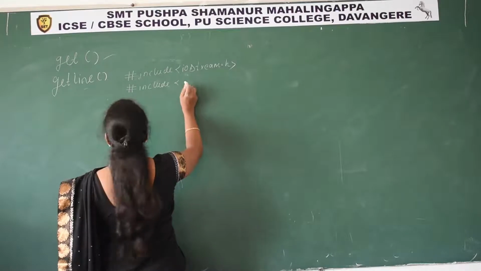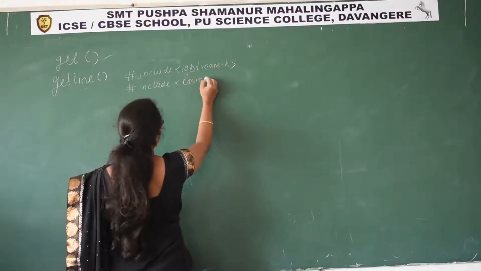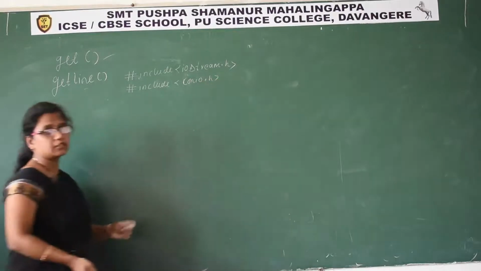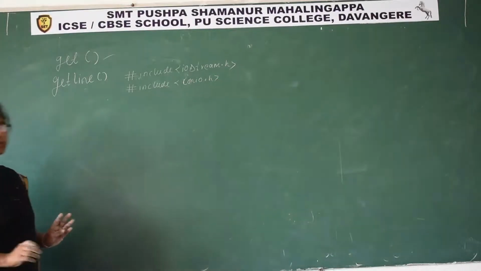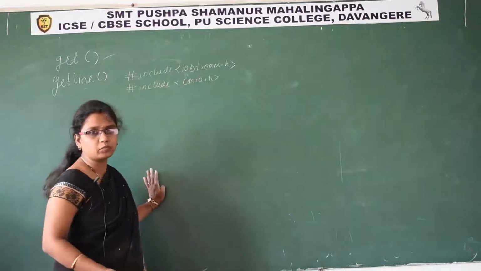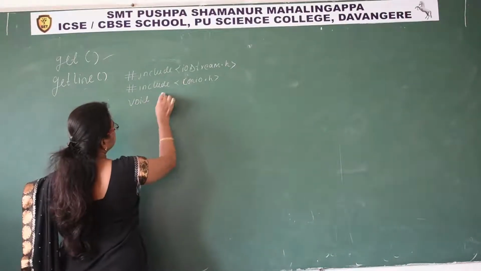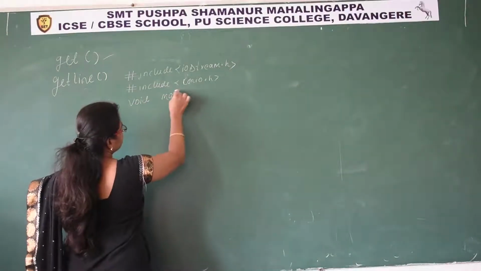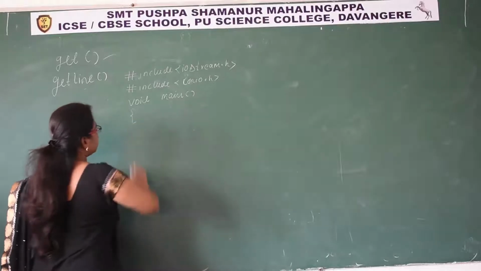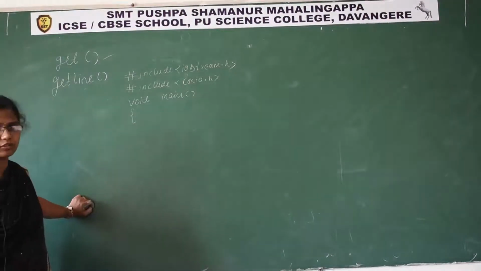Here I will use only the keyboard, no? Okay, conio.h. Right now in this program I am not using any file, so I will only communicate with the console, that is standard input and output devices. void main. The program is about to read a line of text from the keyboard using the getline function.